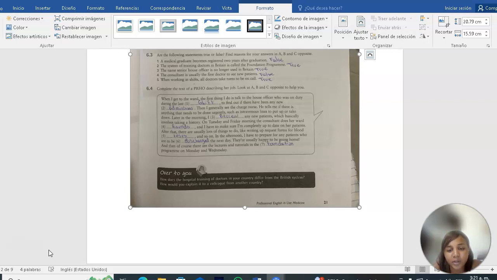I like writing requisition forms for blood tests and so on in the afternoon. I have to prepare for any patients who are to be discharged the next day. They are usually happy to be going home. And of course there are the lectures and tutorials in the foundation program on Monday and Wednesday.